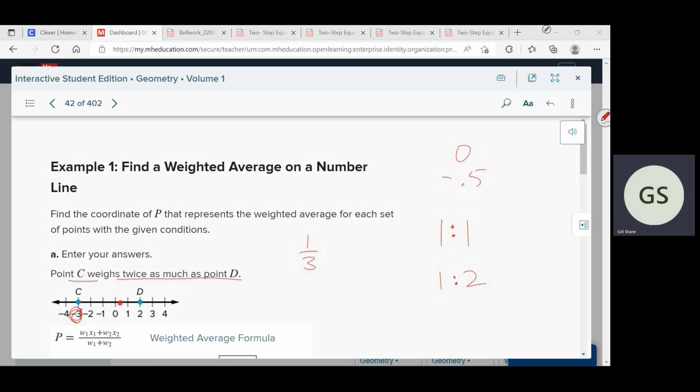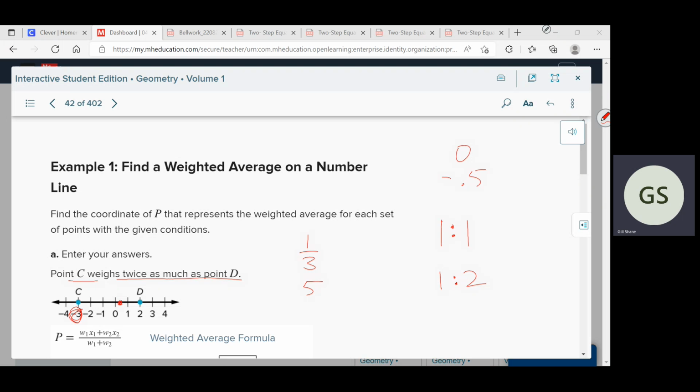I could just count if it's a number line, but this doesn't work on a graph. We said length is just subtraction. I would just say 2 subtract -3, which changes into a positive number, and that gives me 5. Or again, I could have just counted 1, 2, 3, 4, 5.